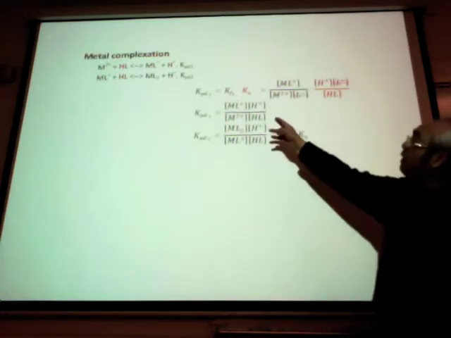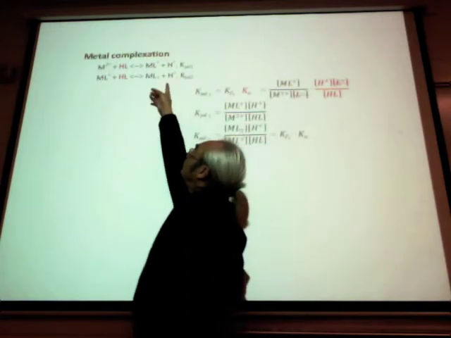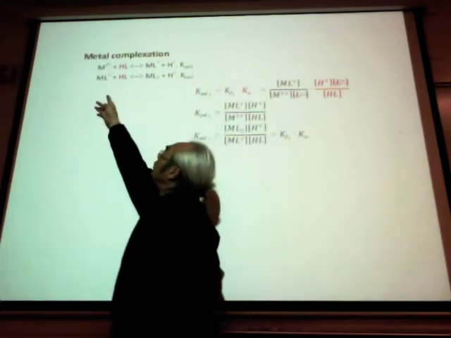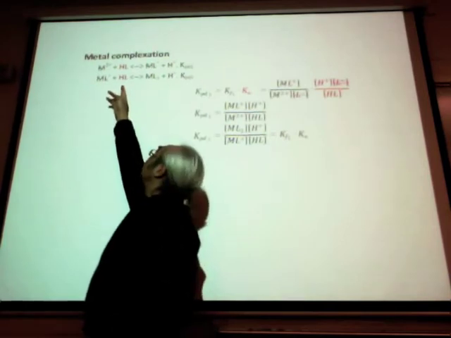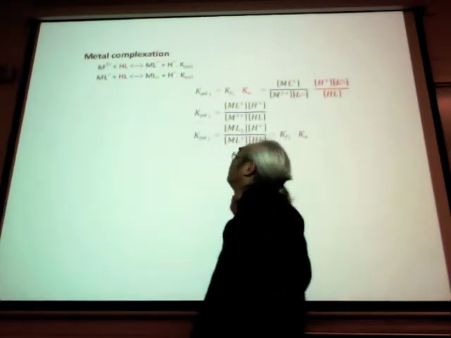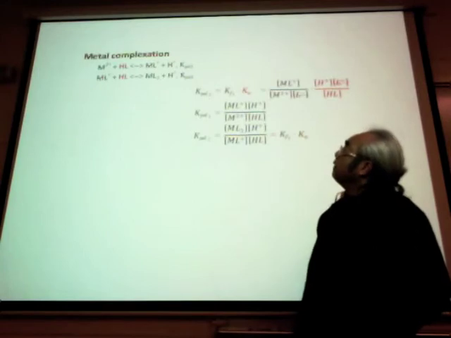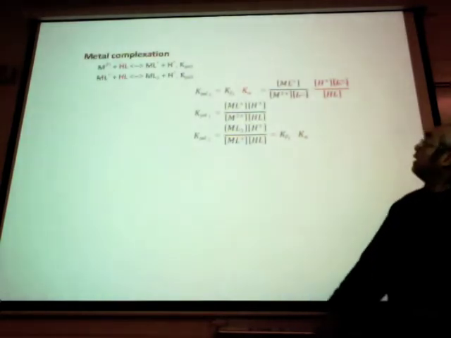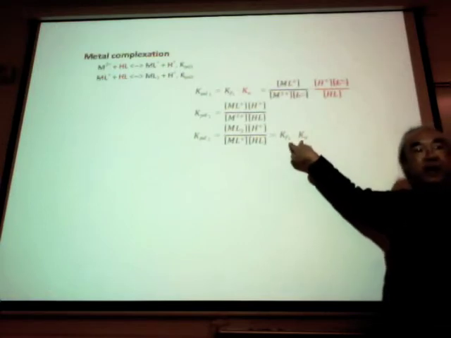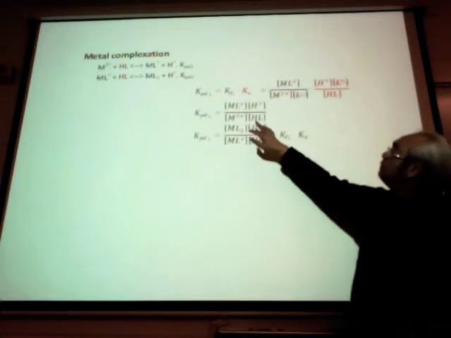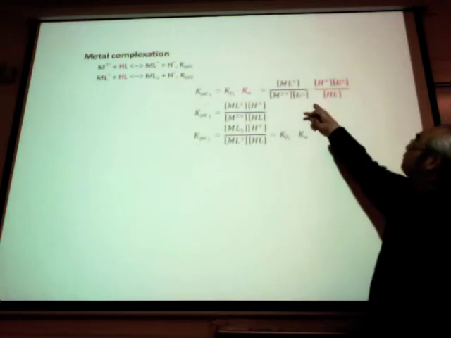Then similarly, continue, the first product is going to react with more of the ligand, which is the Ka, to give the next product, and it's going to be Kf2 multiplied by Ka. So the proof is similar to that.